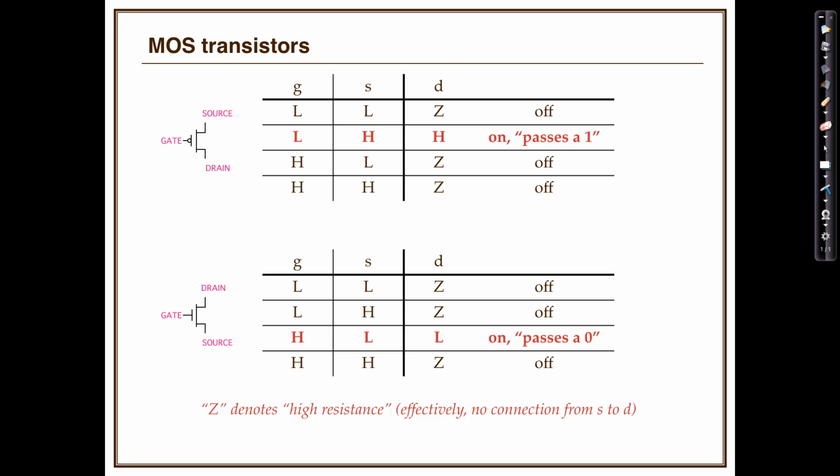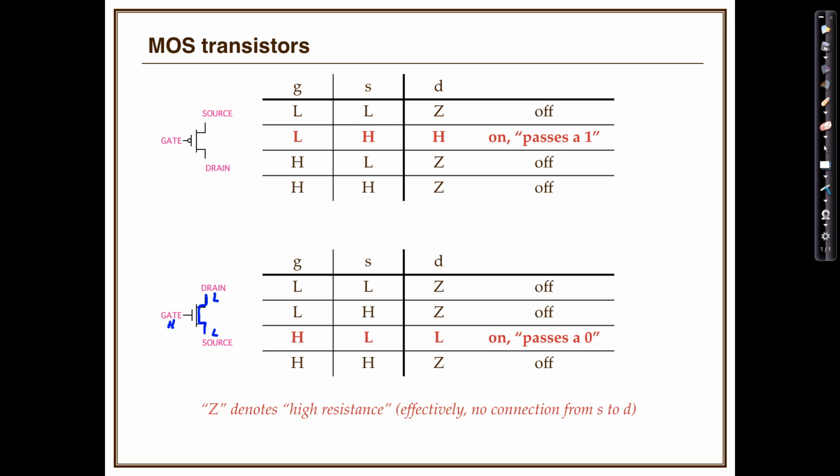Now, if you look at the complementary transistor, the NMOS transistor, when the gate is high and the source is low, then there's a connection from the source to the drain through the channel of the transistor. So the gate is high, the source is low, and the drain is low. We say that the transistor passes a 0 from the source to the drain.